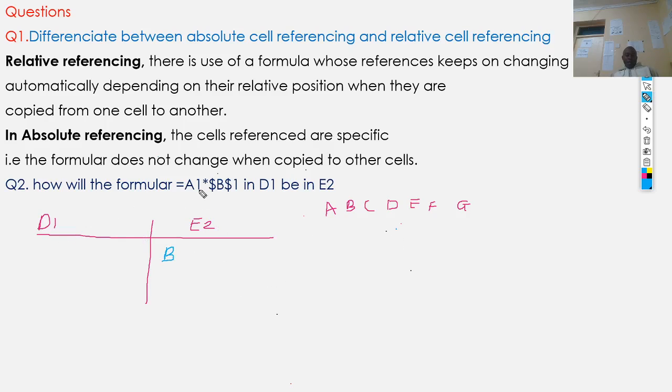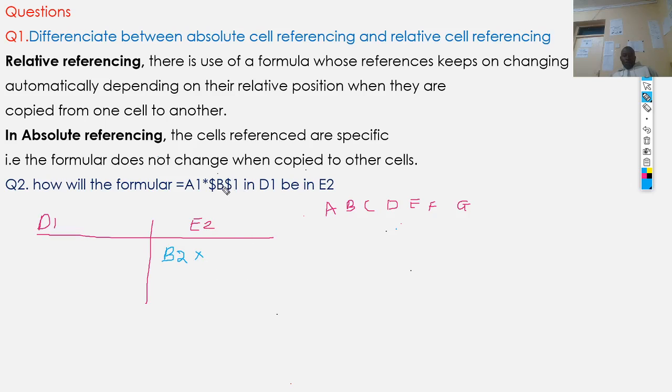Remember, it is in D1 and the number remains 1. So in E2, the number still remains 2 because nothing changed on the number. The number did not change, so it remains B2. Then times.